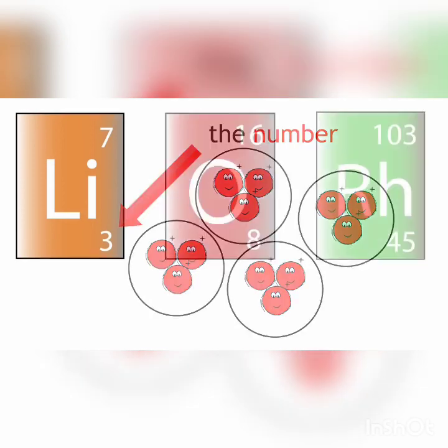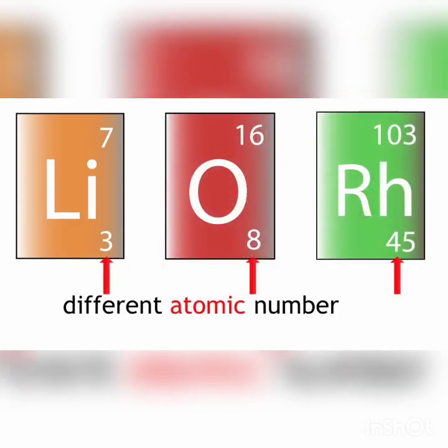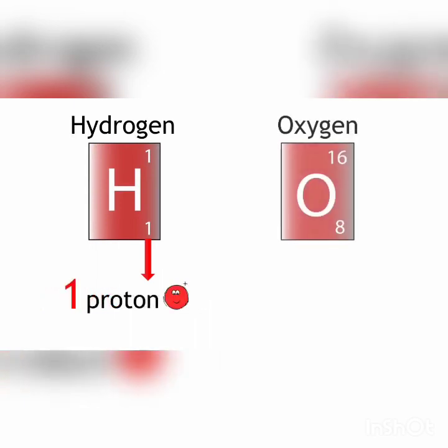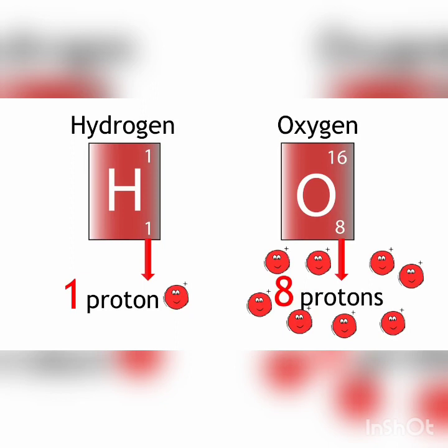Atoms of different elements have different atomic numbers because they have different numbers of protons. For example, an atom of hydrogen has atomic number 1 because it has 1 proton. An atom of oxygen has atomic number 8 because it has 8 protons.